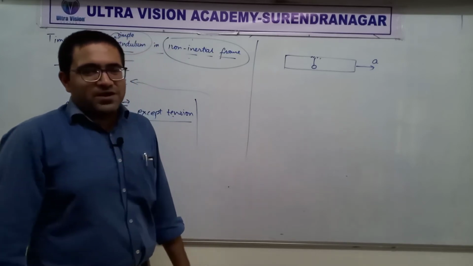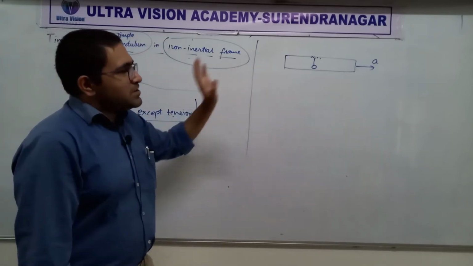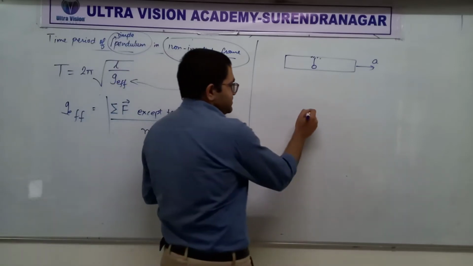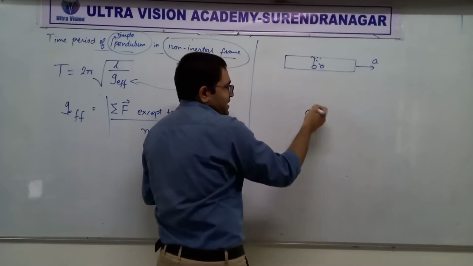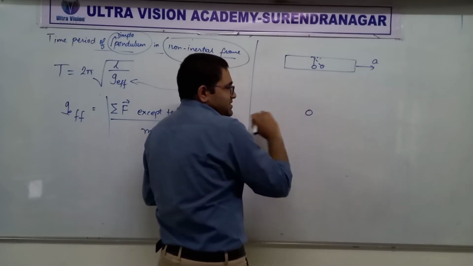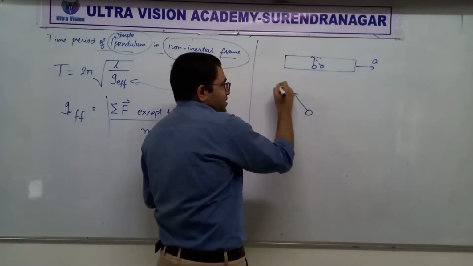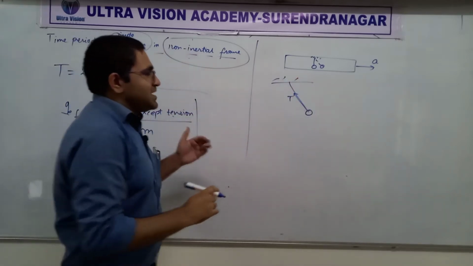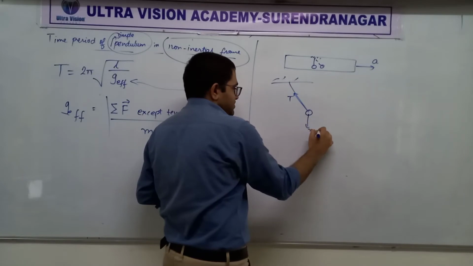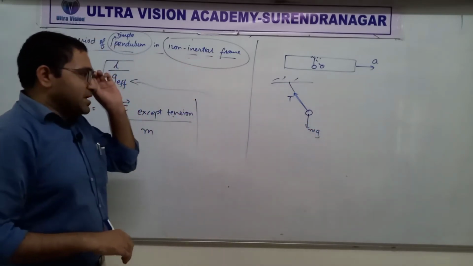Now, if you want to find out what is the time period of this, let's draw the FBD. At some angle, possible that this is at this angle or that angle, no problem. So let's say it's here. Then there will be tension which is along the string, correct? There will be mg downwards.